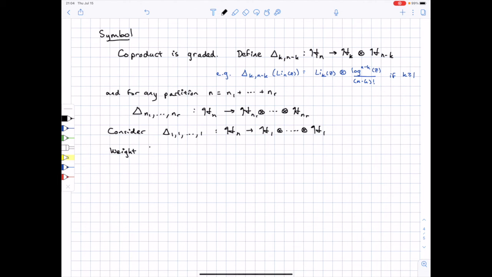And weight 1 MPLs are logs, or perhaps logs evaluated at specific values. So this is one construction of the symbol map. And since everything is some kind of log, whether the argument is a variable or a number, we'll just drop the log, by convention.